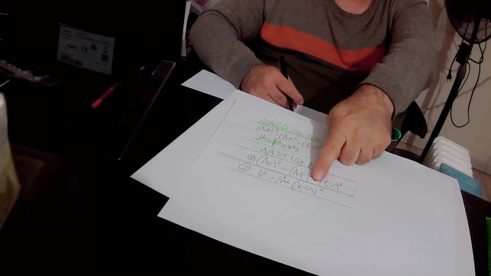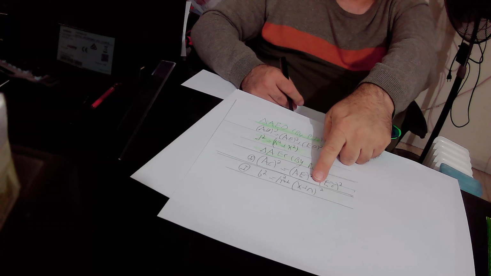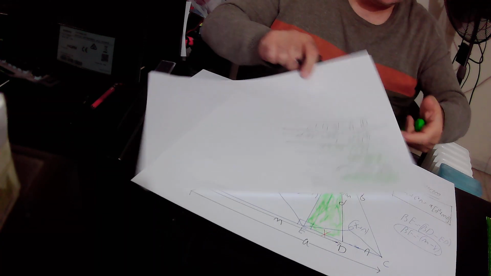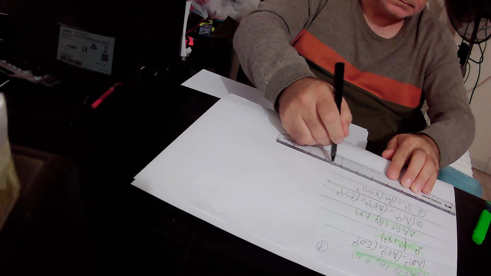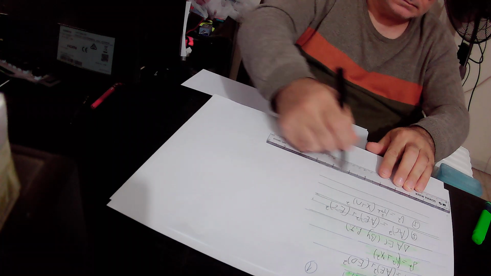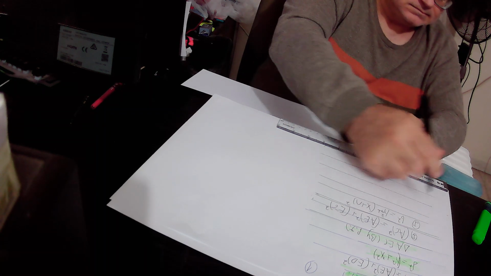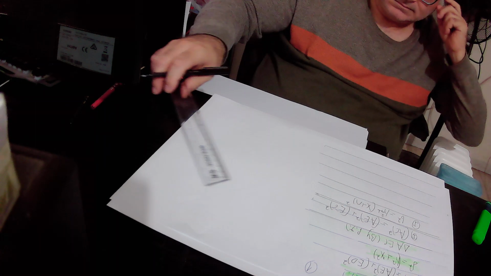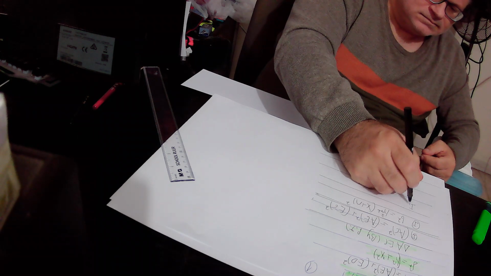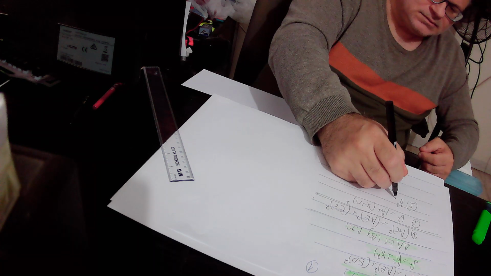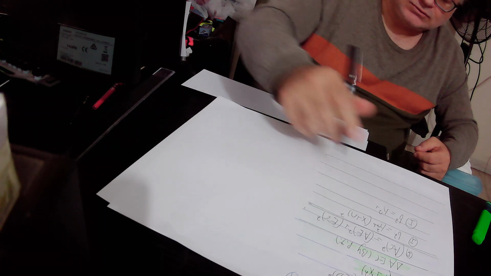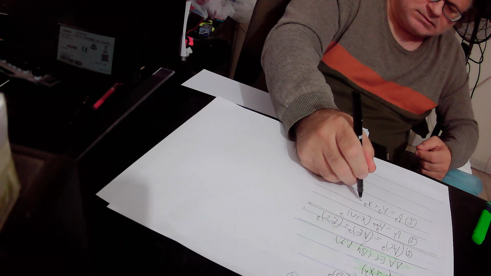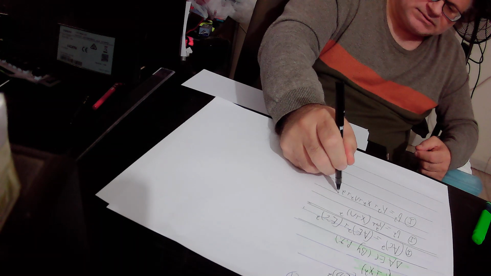We'll open the brackets on this side of equation number 1, and we get that according to equation number 1, b square equals h square plus (x plus n) square, which equals x square plus n square plus 2 times x times n.